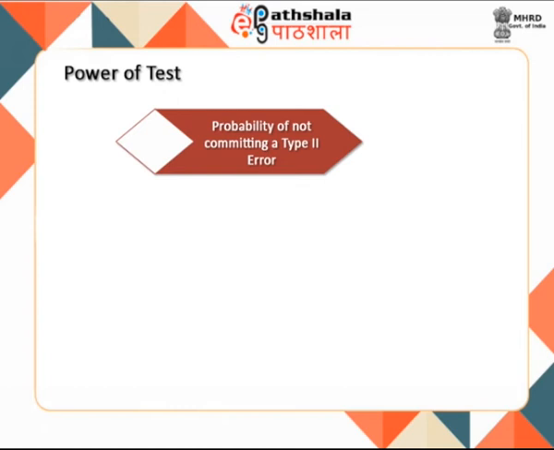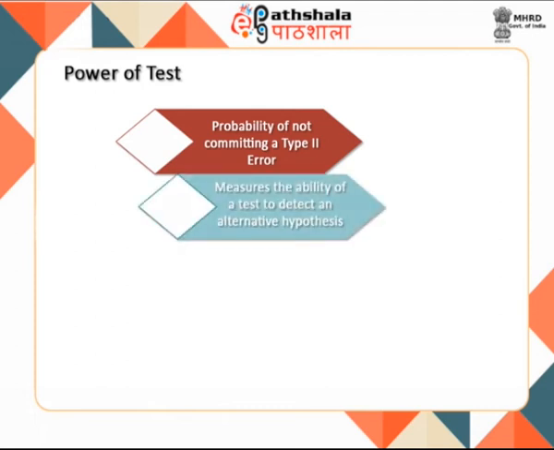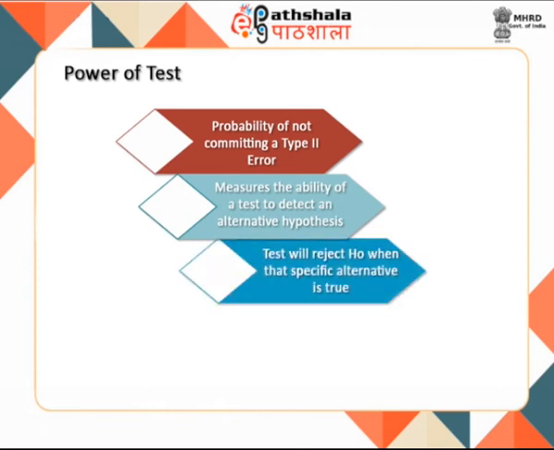Hence, power is the probability of correctly rejecting a false null hypothesis. Power of a test measures the ability of a test to detect an alternative hypothesis. It is the probability that the test will correctly lead to the rejection of a false null hypothesis. That is, the probability that the test will reject H0 when that specific alternative is true.